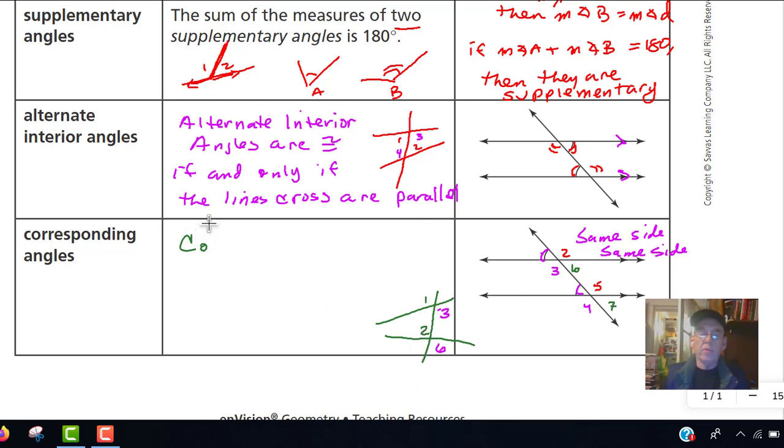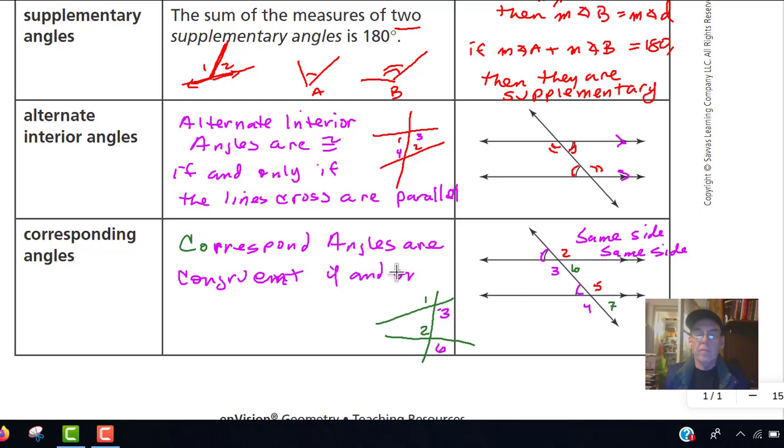So they're in corresponding position. So you can say that corresponding angles are congruent if and only if the lines crossed are parallel.